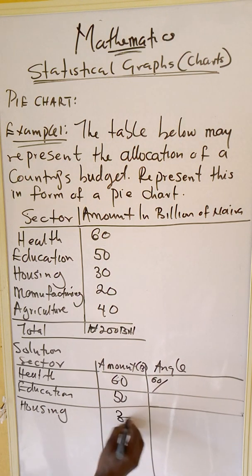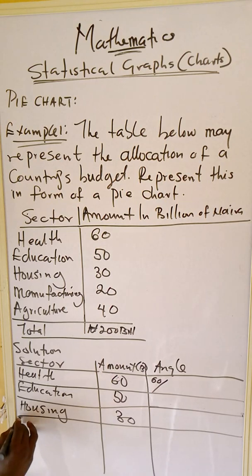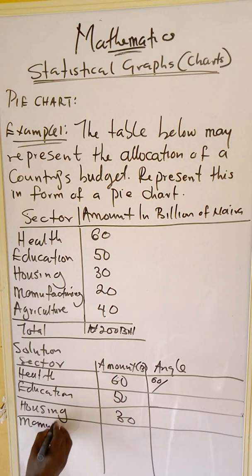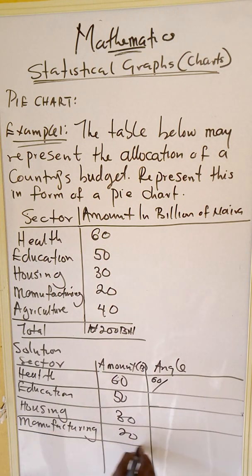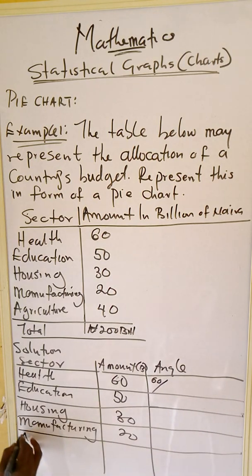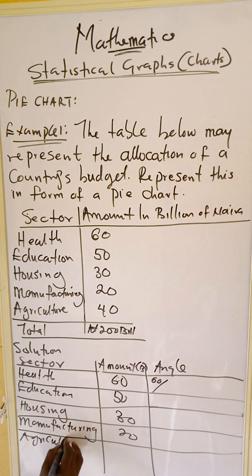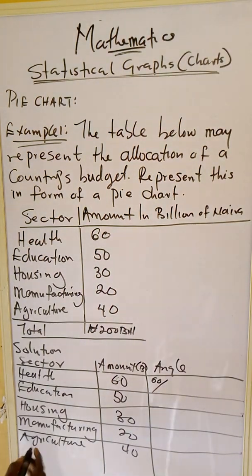Housing is 30. Manufacturing is 20. Then the last one is agriculture, which is 40.